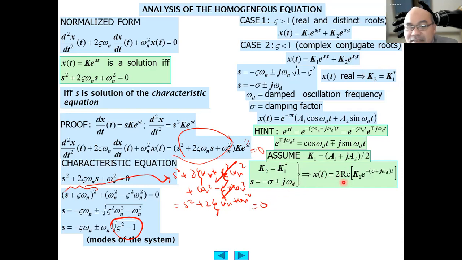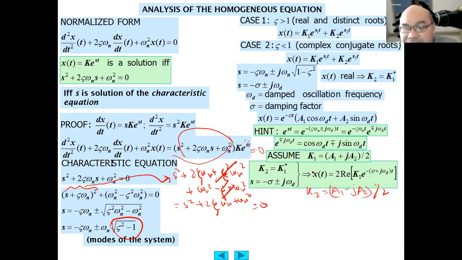It means that x(t) will be equal to 2 real times K1. So we replace K2 with the conjugate of this. So this becomes K1 minus j A2. K2, the conjugate of K1, equals K1 minus j A2 divided by 2.